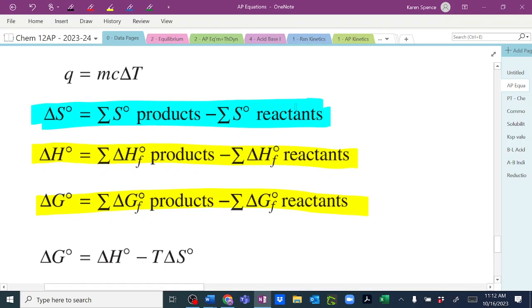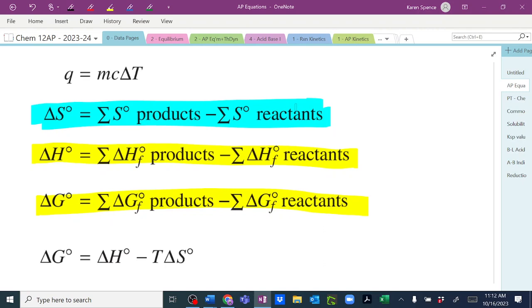Yes. We're not saying what is the entropy of formation, we're just saying what is the entropy. It probably won't matter to you on the test because they're going to give you the actual values. They'll give you the delta H naught of formations that you need. They will give you the delta G naughts of formations that you need. And they will give you S naught of those things that you need.